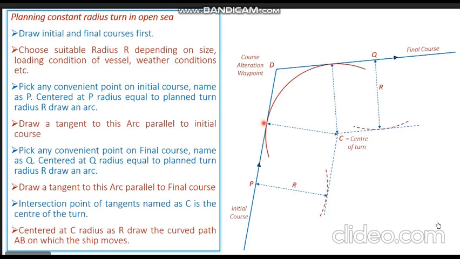You can see the arc coming up on the screen now. You will see this arc touching the initial and final courses, depicting the curved path where the ship is going to move. So you can see that we did not have a reference point at our center, and using this technique we have obtained the center of our turn, and we have also plotted the curved path on which the ship will be moving.